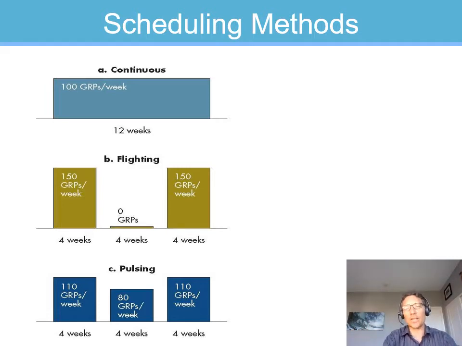So flighting is on and all the way off, whereas pulsing is on and then a reduced wattage in the second week. Flighting and pulsing methods can make your media dollars go farther. If you're not trying to just push sales for a very immediate time frame, but build awareness over a longer period, you'd want to use a flighting or a pulsing schedule.